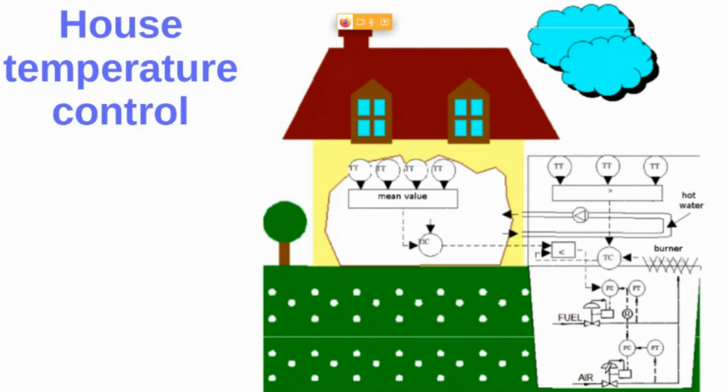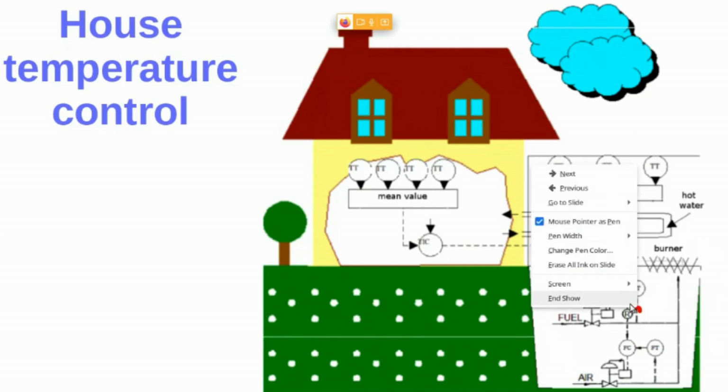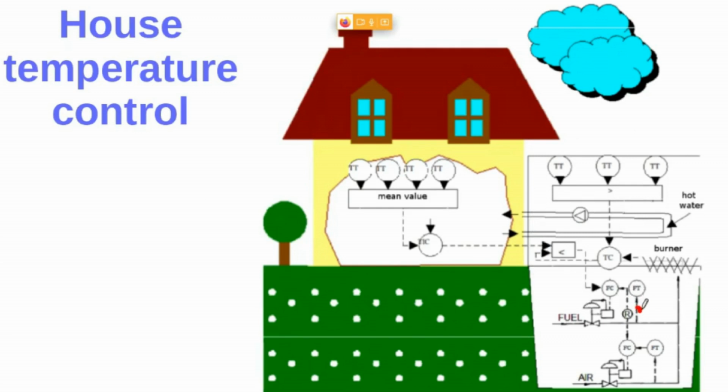So we can figure out that if we have a combustion process in here, we will have a ratio control structure. As you can see here, we have a ratio control structure, right? Here you can see the R. So that's why we are measuring, as you can see, the flow in here.